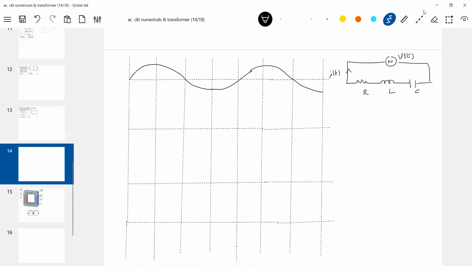So this is the current. I think definitely the voltage depends upon XL greater than XC or XL less than XC. It will change. So what should be the drop across the resistor? The drop across the resistor should be in phase.